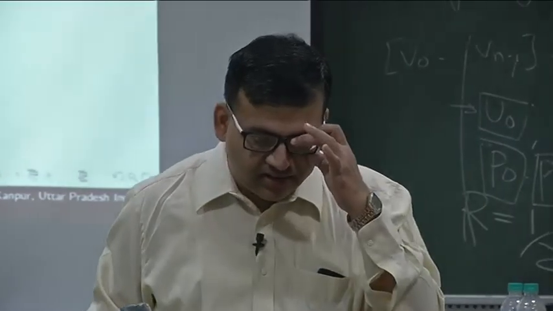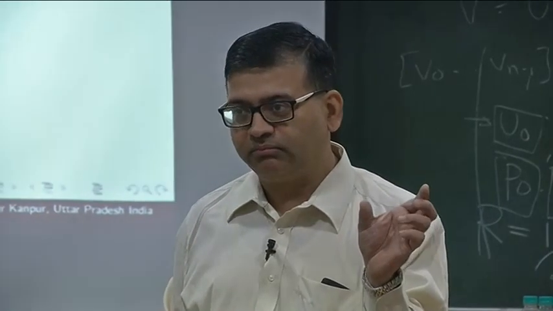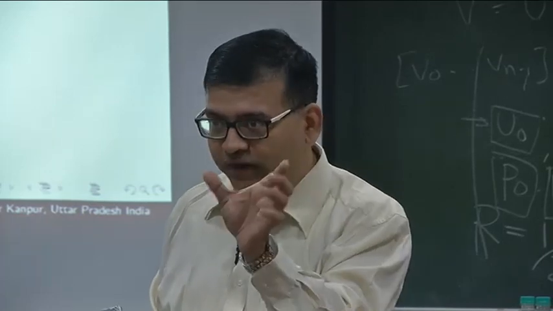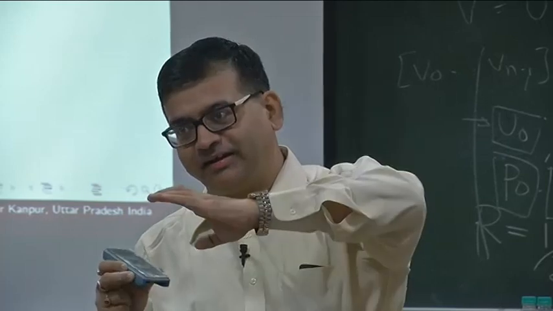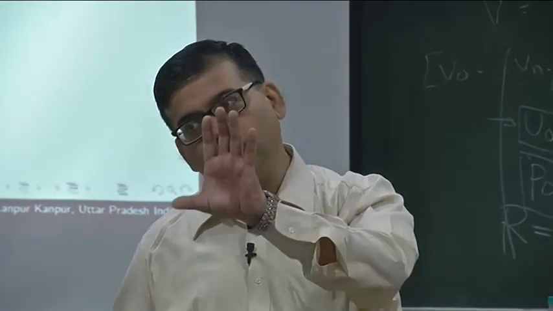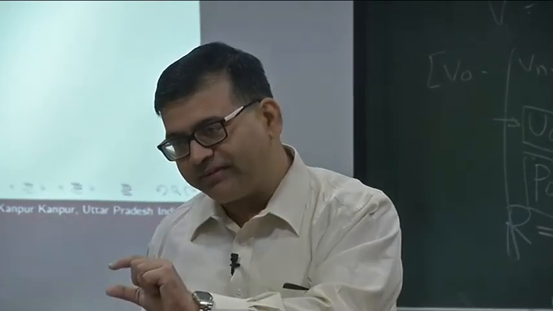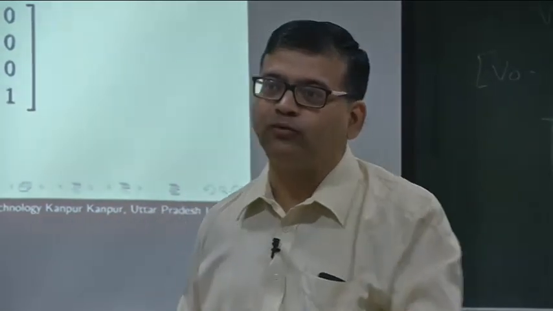Now, consider a scenario where your input has very small weight, let us say a weight one sequence. Then those k bits in the code word are not increasing your weight, you only get weight 1 from those k bits. Only from these n minus k bits you are getting whatever weight you want.